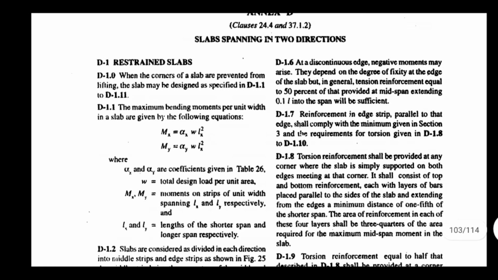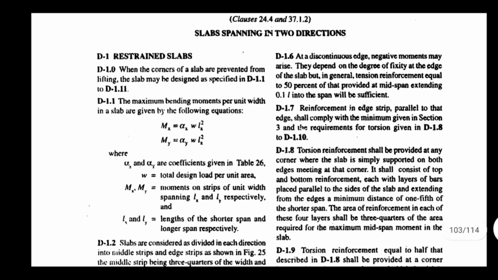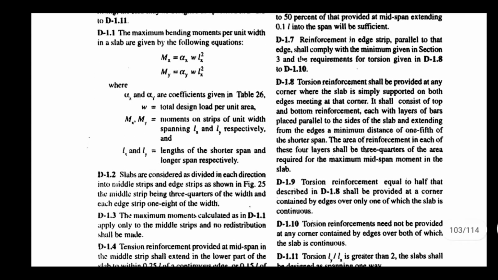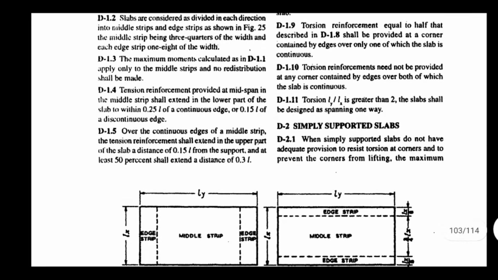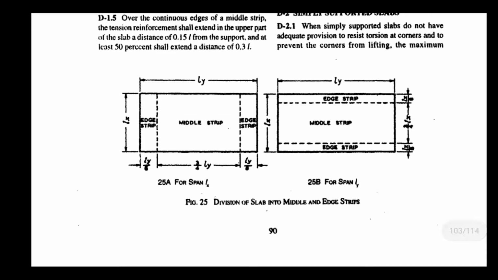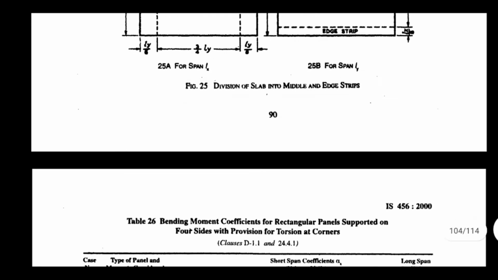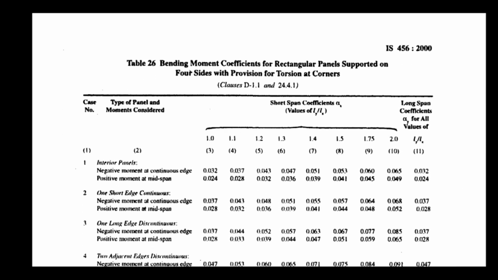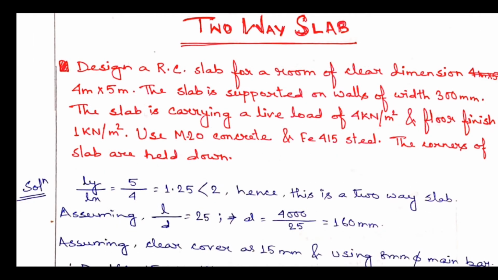We will read it out when we solve the problem, which will make it easier for you to understand the clause and the consideration. There are two figures also. On page number 90 of IS 456-2000 we can find this, and on the next page, Table 26 is also needed for this design. So let's start to solve the problem.